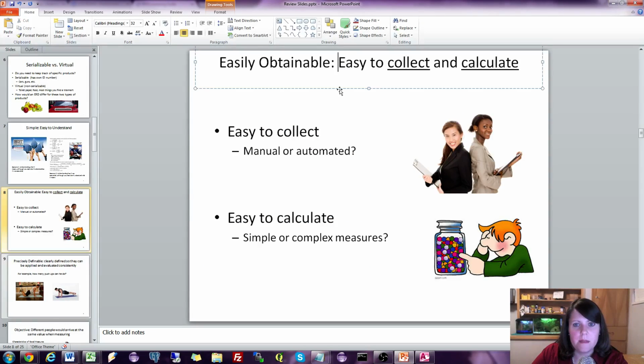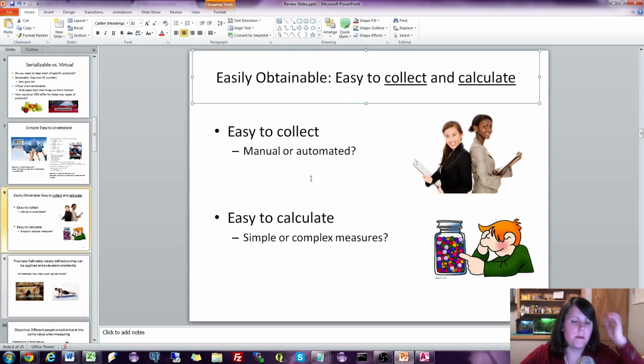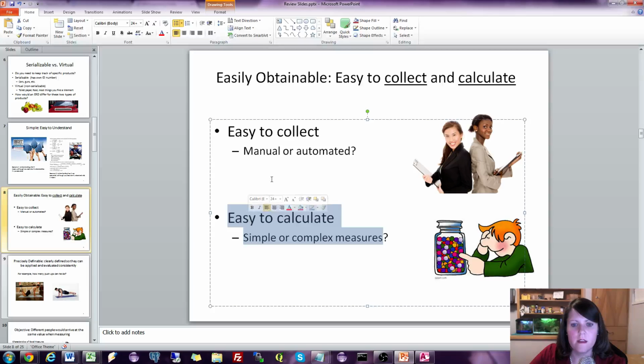Measurements should be easily obtainable, so sometimes they can't be, and that's fine, like in the case of the census, we have to get all the data that we need, but they should be easy to collect and easy to calculate. So typically the measures will be something that we have a good understanding of.